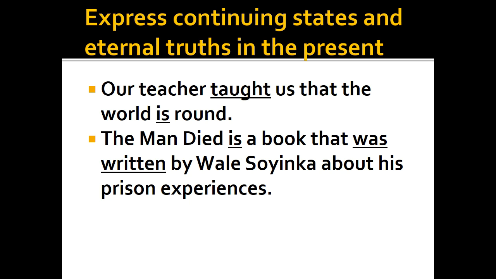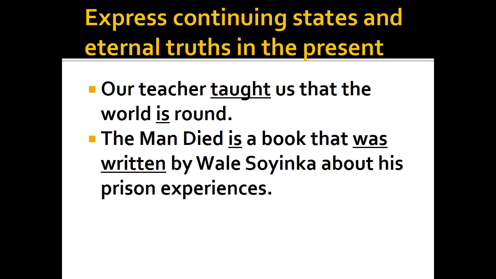That's why we have our teacher taught us that the world is round. So remember, is a present tense because we are expressing eternal truth. That's why we have to use that. And then taught is past tense, the past tense of teach. And this sentence is correct because we are expressing eternal truth.